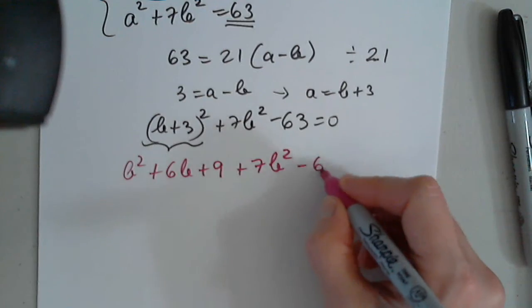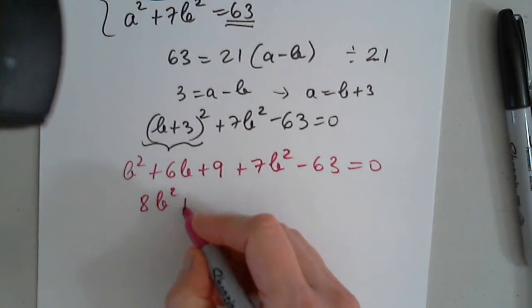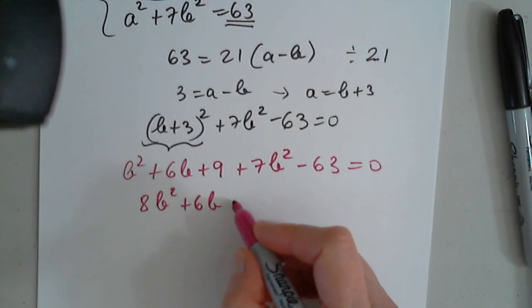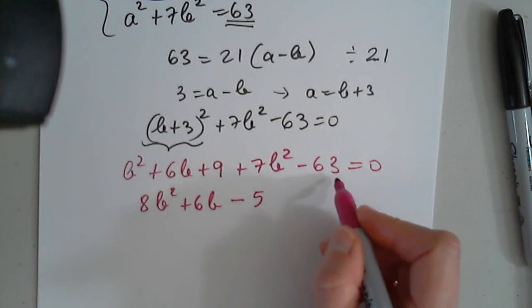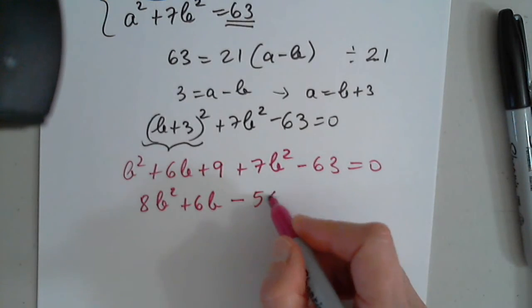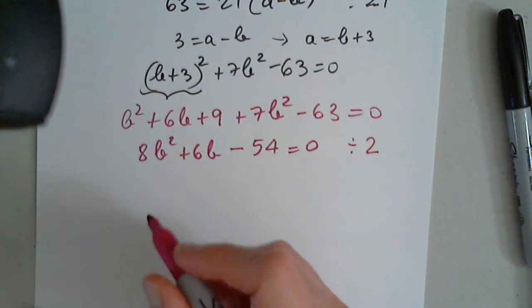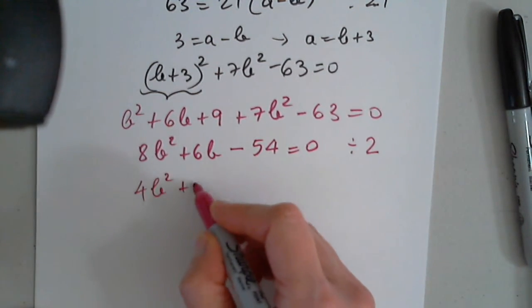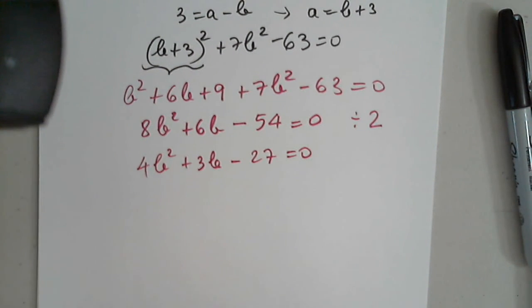I saw that, Mickey. Thank you. Okay, so this is 8b squared plus 6b. And I think this is minus 54. Yeah, okay. If I simplify by 2, I get 4b squared plus 3b minus 27.